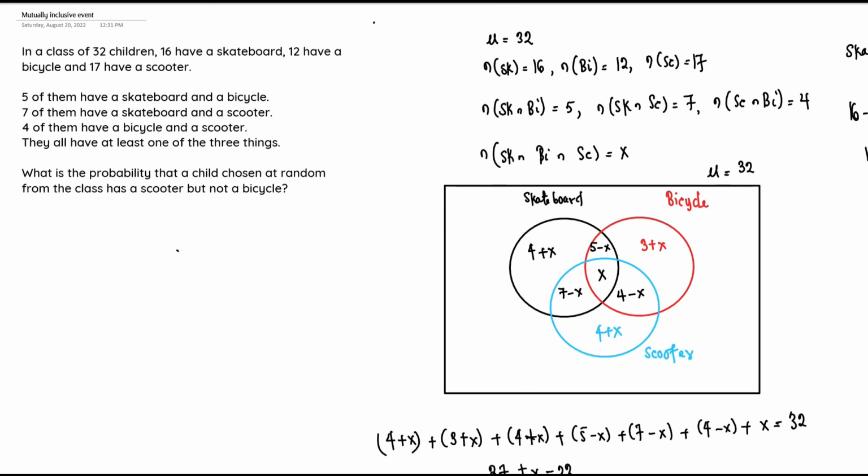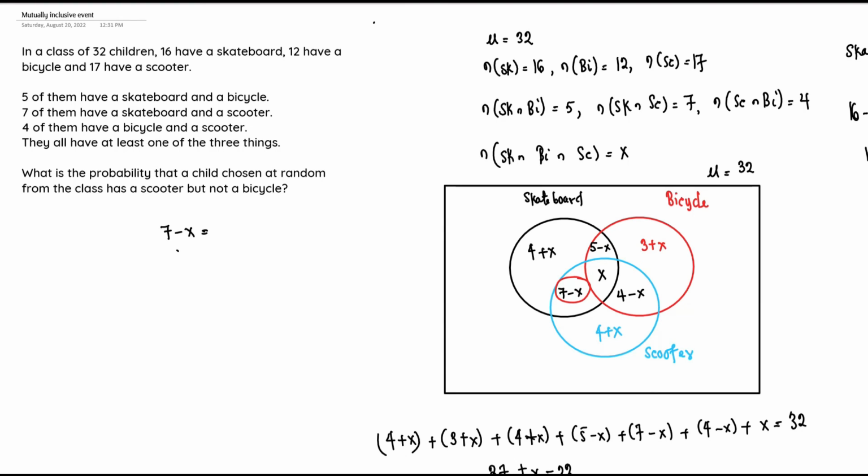The region that represents the children who own a scooter and not a bicycle is this region right here. That is the region of having a skateboard and a scooter but not a bicycle. So the number of children that own both the scooter and a skateboard but not a bicycle is equal to 7 minus x.